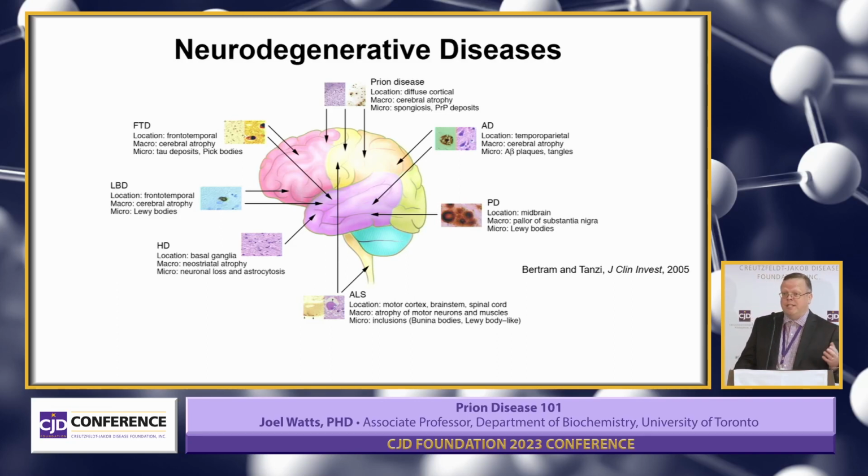They're all progressive diseases, meaning that they get worse over time, and they're all age-related, meaning that they're much more common in older people. The common denominator of all these diseases is that they all feature protein misfolding and degradation. Now, where prion diseases are unique is that they are the only one of these disorders that is potentially infectious.